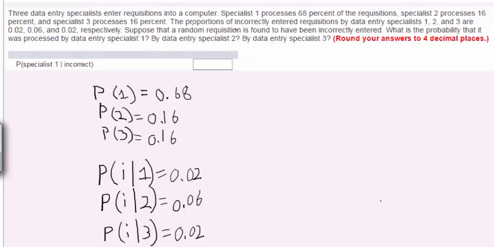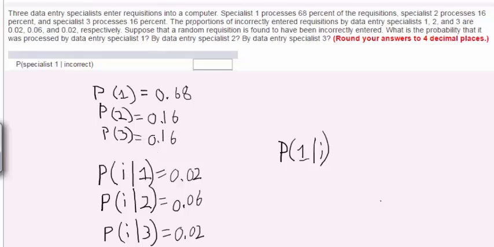Suppose a random requisition is found to have been incorrectly entered. So given it was incorrectly entered, what's the probability it was processed by specialist 1? We'll start with this one. I'm going to rewrite this into my shortened notation. The probability of 1 given I. This is different from the probability of I given 1.